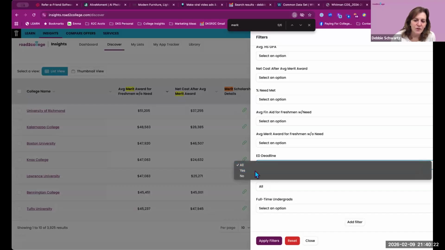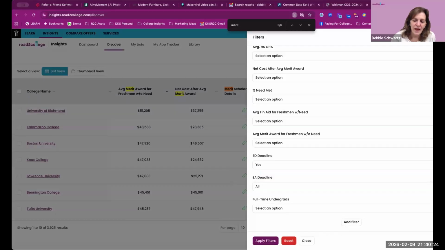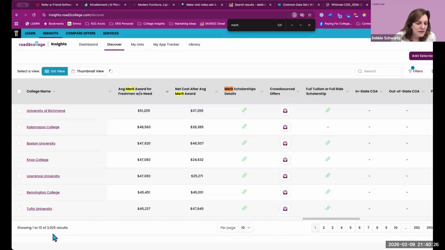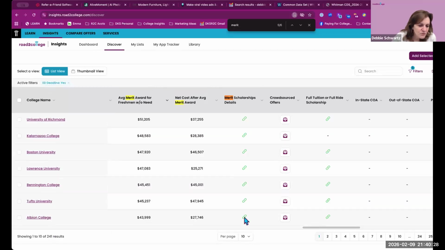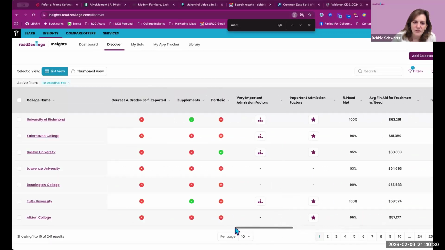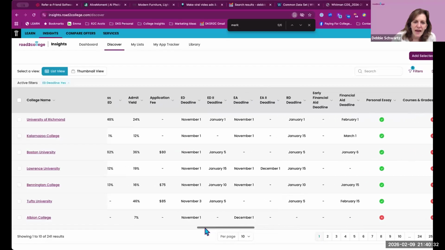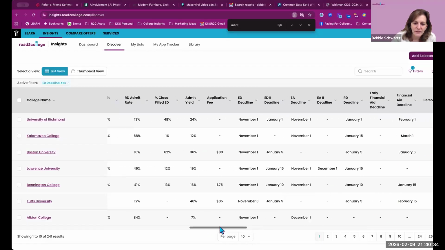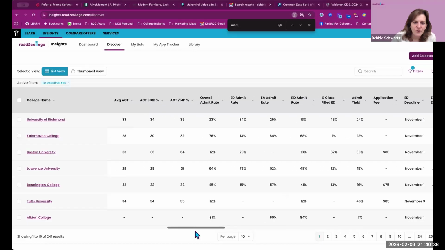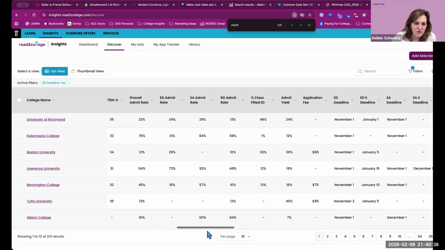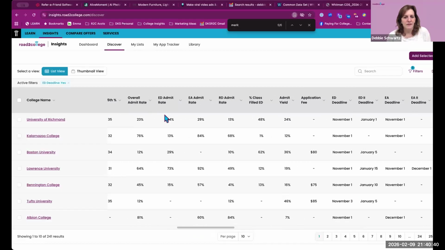So I want to look at the schools that have early decision, and let's see what the numbers come out to be. There are 241 colleges with early decision, and we actually put in their deadlines. Here is the early decision data. So let's sort this.